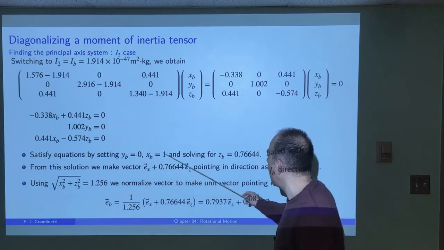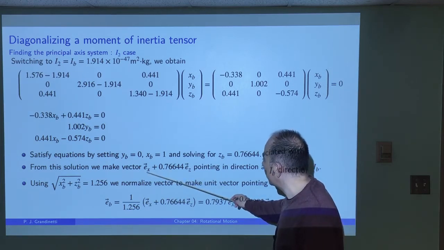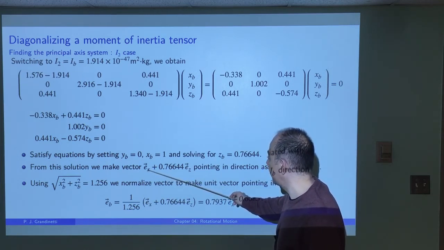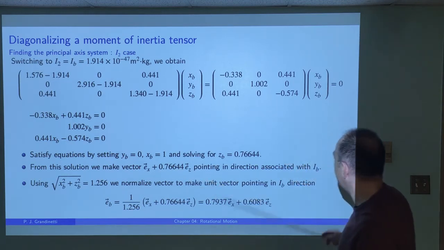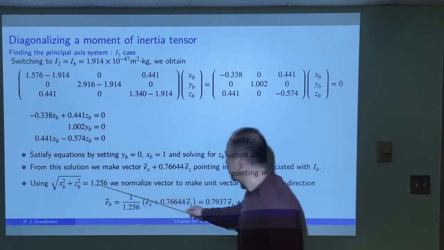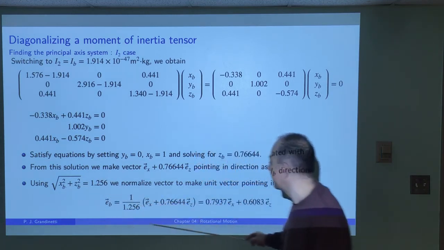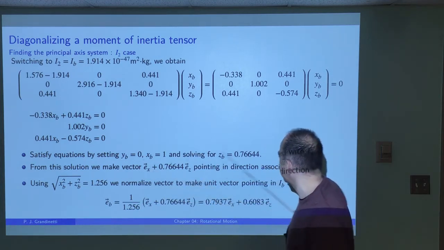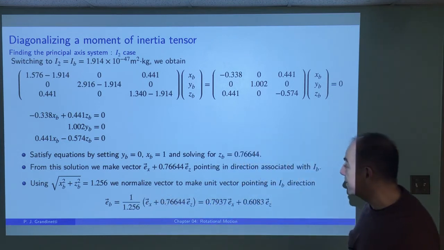So that allows us to create a vector. Using Y, X, and Z for those components for the vector, we can define a vector that is along EX with the value of 1, and along EZ with the value of 0.76644. And that points in the direction associated with B. Now, we like to have our unit vectors normalized, so I'll take the length of this vector, which is x squared plus z squared, square root, and I'll evaluate 1 plus 1 squared plus 0.76644 squared, and I get 1.256.